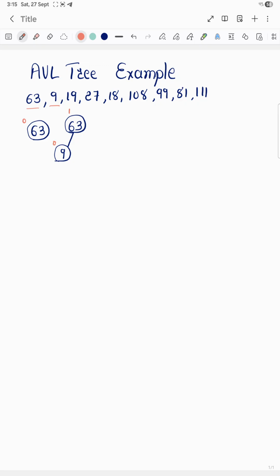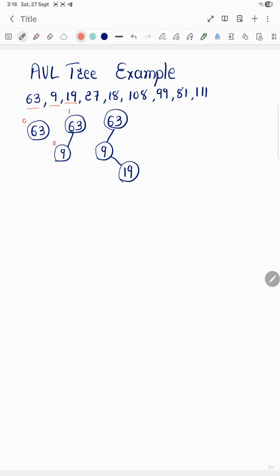This 19 is lesser than 63 but greater than 9. So 63 remains the same, and since 19 is greater than 9, it will become the right child of 9.